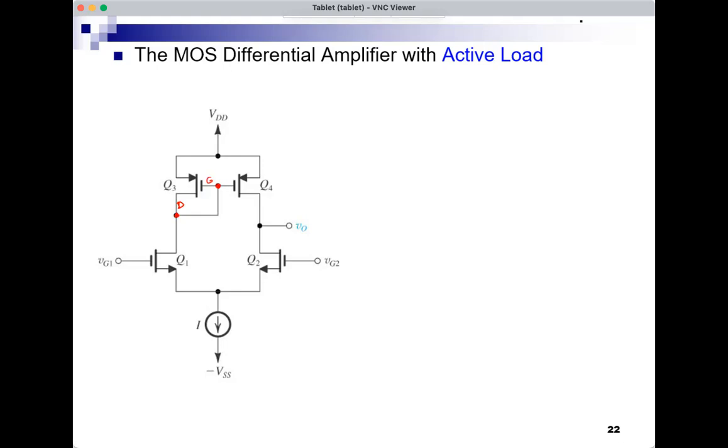And why are we considering this? What is special about this is that when we consider the regular differential amplifier and we take the output from one drain only, or in the case of the BJT from one collector only, I get 1/2 the gain.